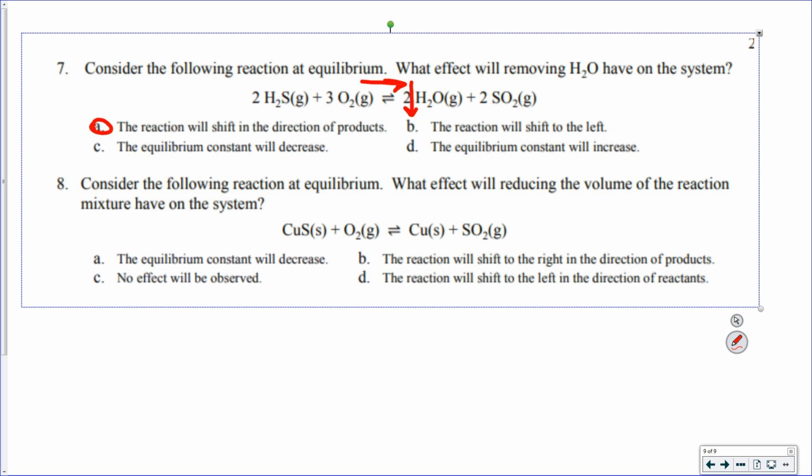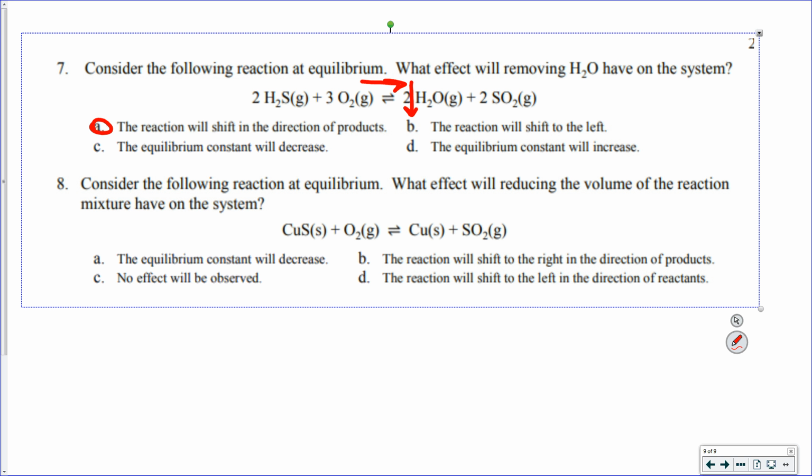Number 8 says you got a system at equilibrium. What would be the effect of reducing the volume of the reaction? And you had a clicker question almost just like this.